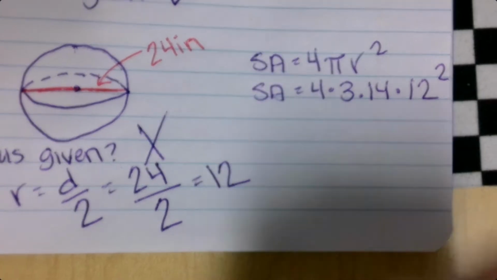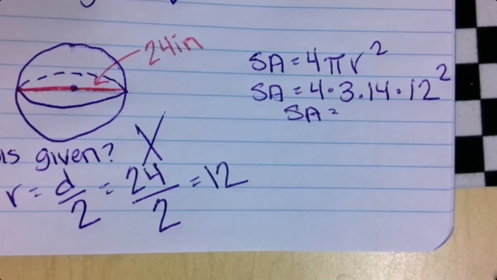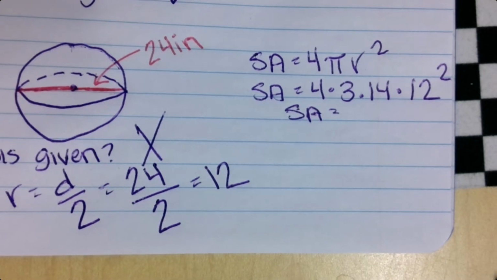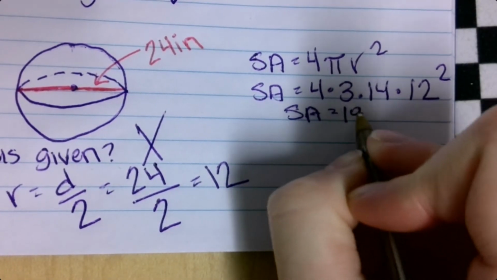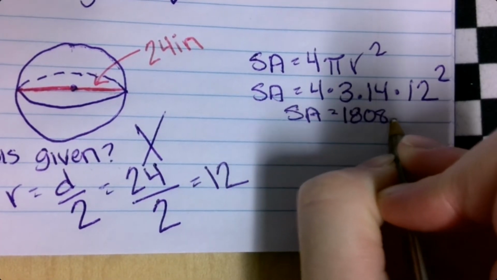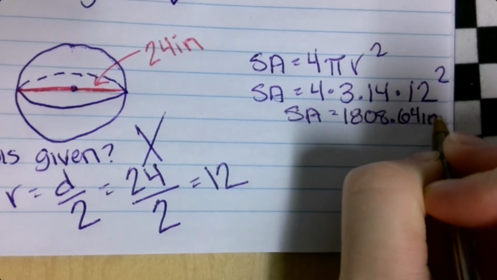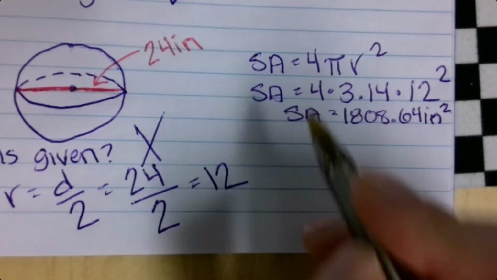Again, all I'm going to do is plug that into my calculator: 4 times 3.14 times 12 times 12, which is 1808.64, and this is inches squared.